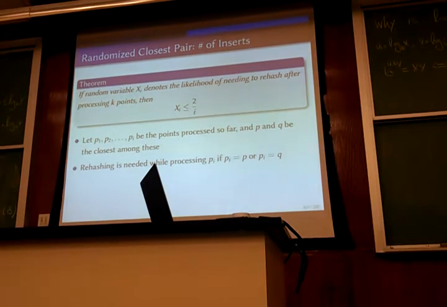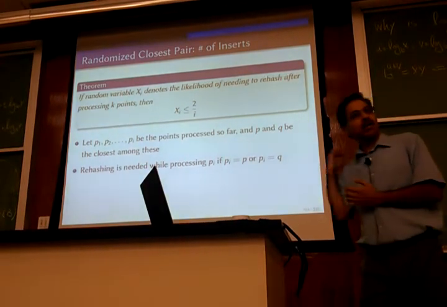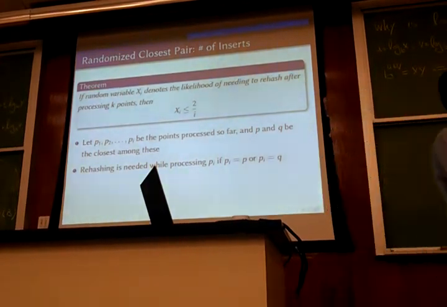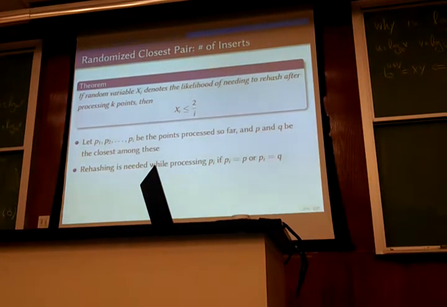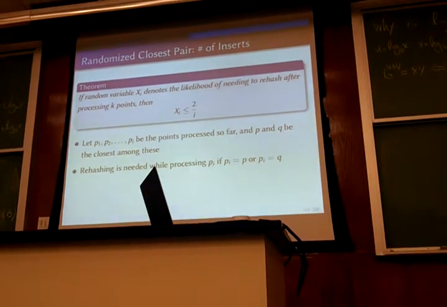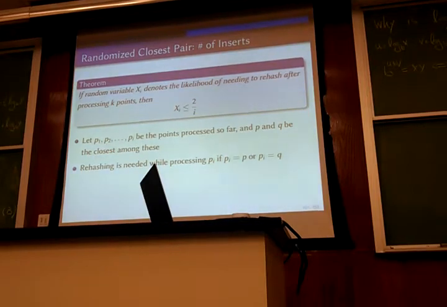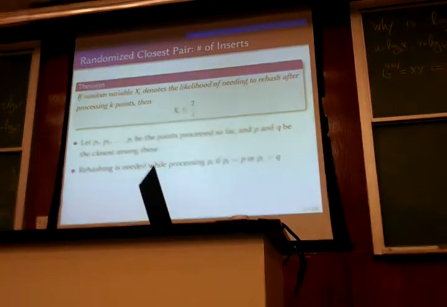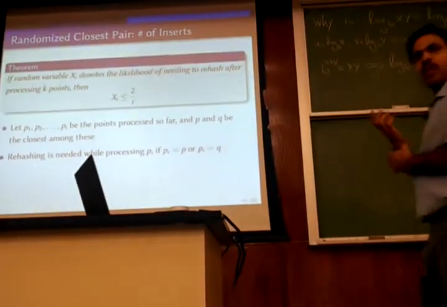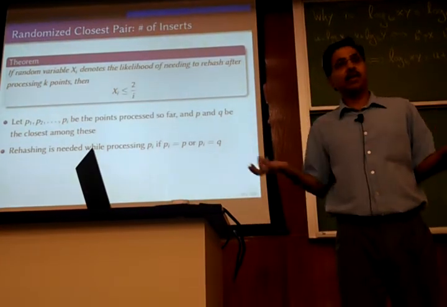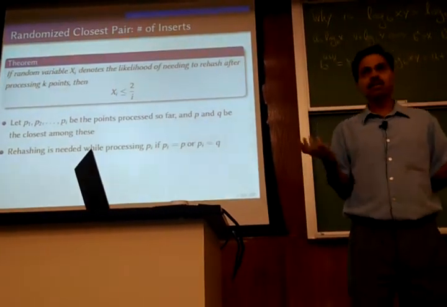Rehashing will be needed if, when you add Pi, Pi is either P or Q. If it's one of the closest pair among the Pi, that's when the addition of Pi is going to require rehashing. Correct?